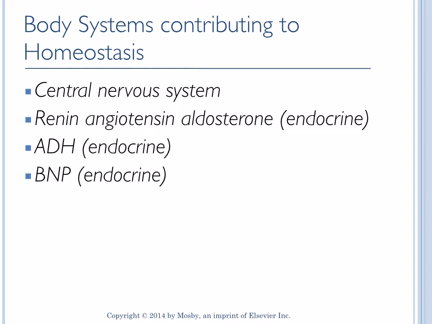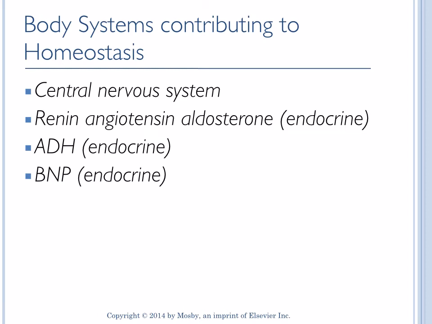We'll be discussing the renin, angiotensin, aldosterone system, and then we will discuss ADH, and then we'll discuss BNP. Now let's talk about BNP. BNP, B as in baby, N as in Nancy, P as in protein, and you can memorize the full form.